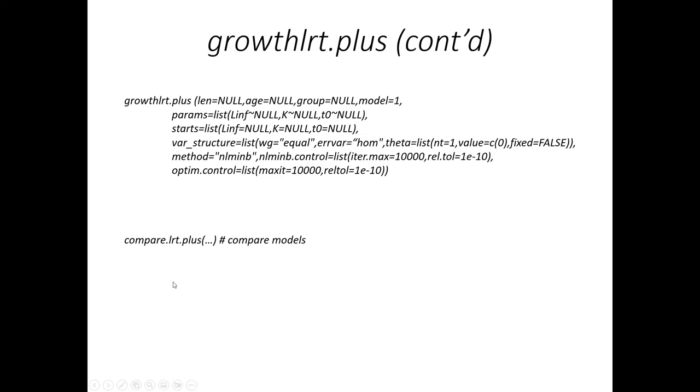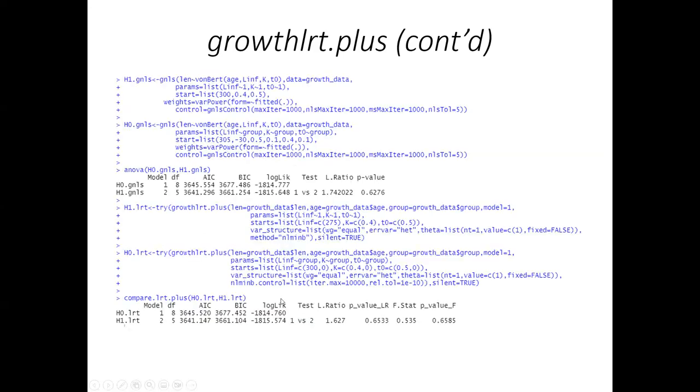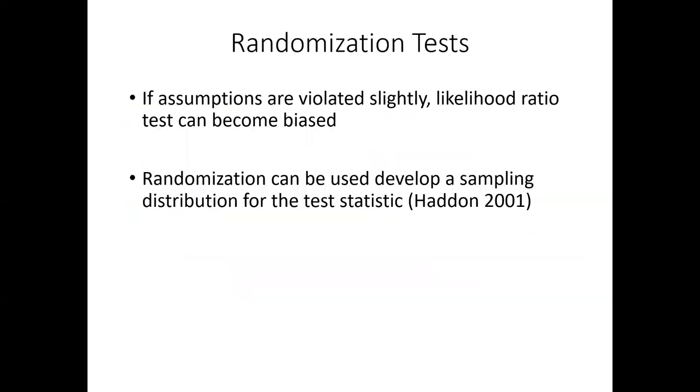I also developed basically an ANOVA function where you can compare models. This is just an example showing the comparisons, pretty much identical between the GNLS package and the one I just developed. So that'll be in my fish method package.